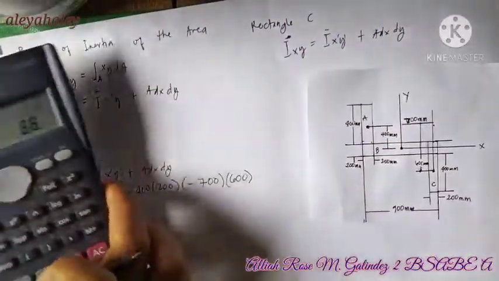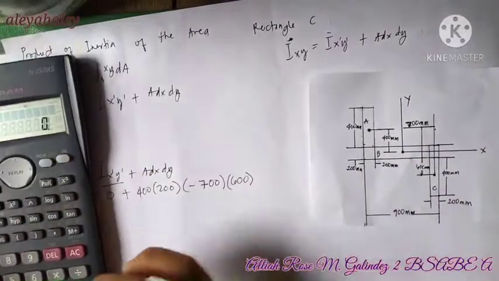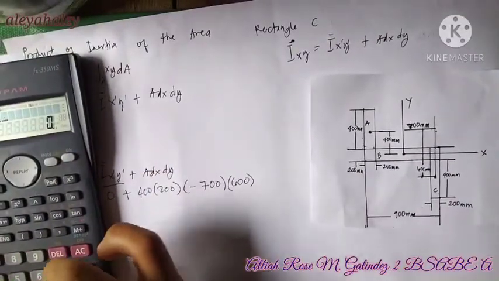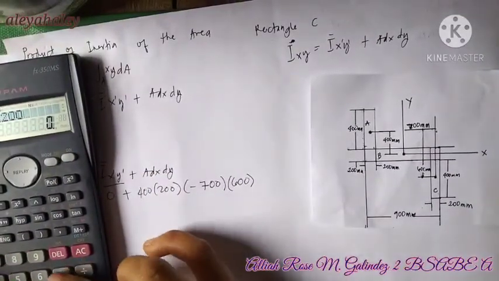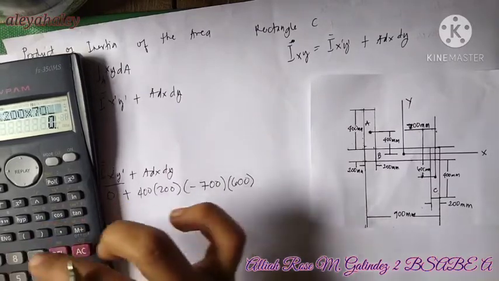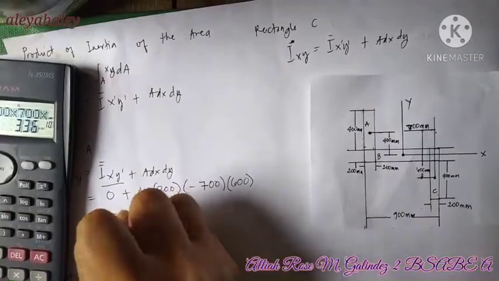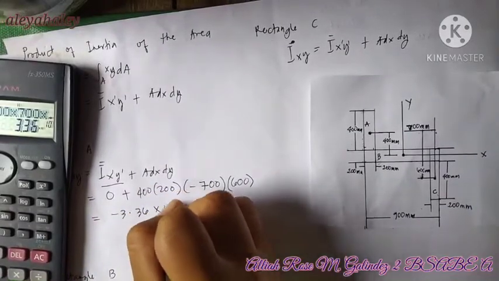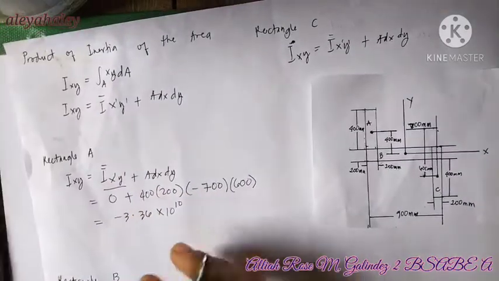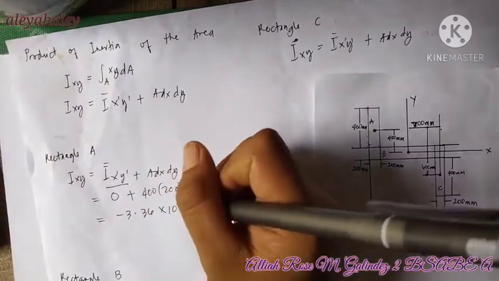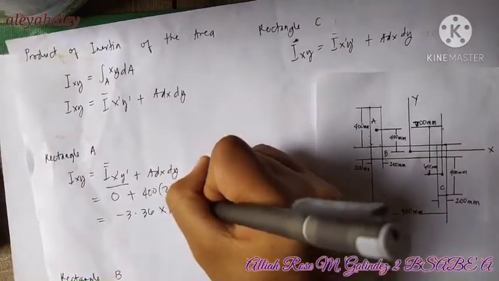I'm going to calculate this one: 400 times 200 times 700 times 600 is negative 3.36 times 10 raised to the power of 10 millimeter to the fourth.